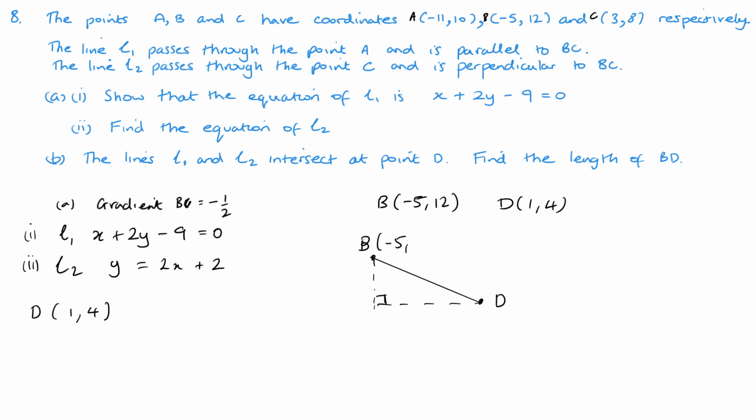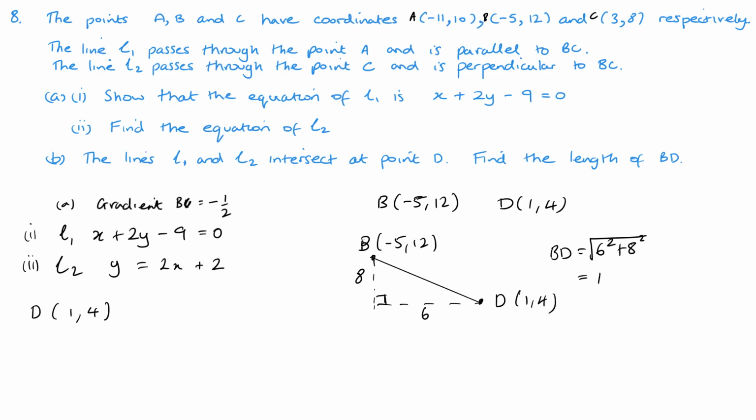And it's just a matter of looking at the horizontal and vertical distances. So minus 5, 12 and 1, 4. So you can see here the horizontal distance is 6, going from minus 5 to 1. And the vertical distance is 8, going from 4 to 12. So using Pythagoras, it should be quite straightforward. It's going to be 10, isn't it? Because it's like a 3, 4, 5 triangle where they're all doubled. So BD here is the square root of 6 squared plus 8 squared.